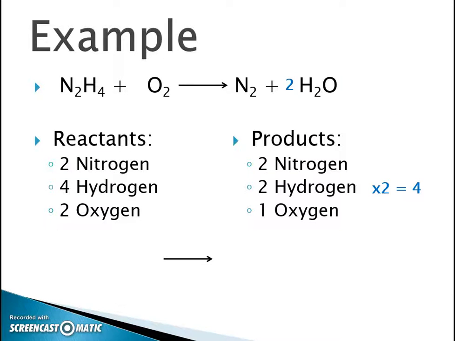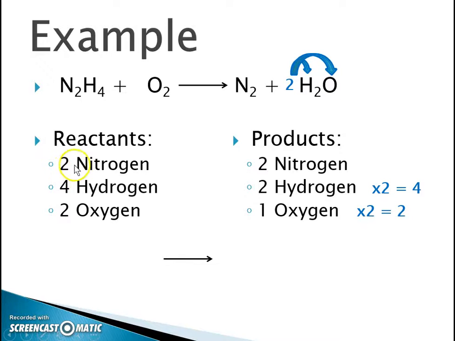Now we're not done quite yet, because just like in math, not only does it apply to the hydrogen, it applies to the oxygen as well, just like distribution. So we also have to multiply our oxygen by 2 as well. 1 times 2 equals 2. Now let's take a look at our reactants and products.